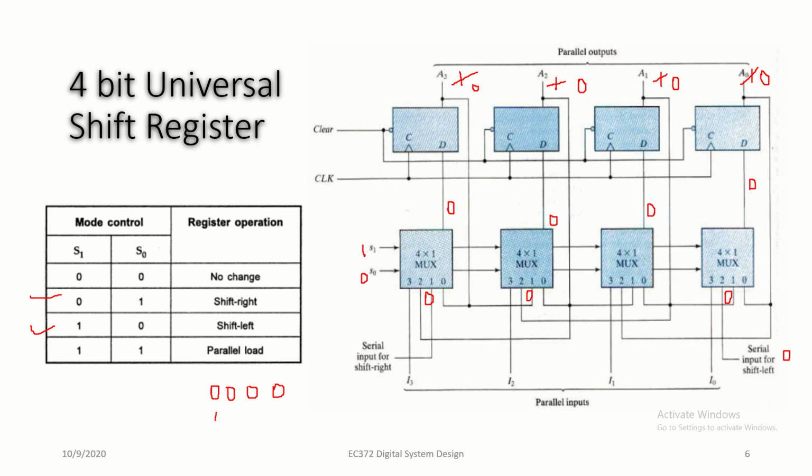Then we provided input 1. So input 1, whatever the serial input, that is at the position of my MSB, at the third position, and this 3 to 1 are shifted to this position. Okay, so this is how we'll use it while we write the code.